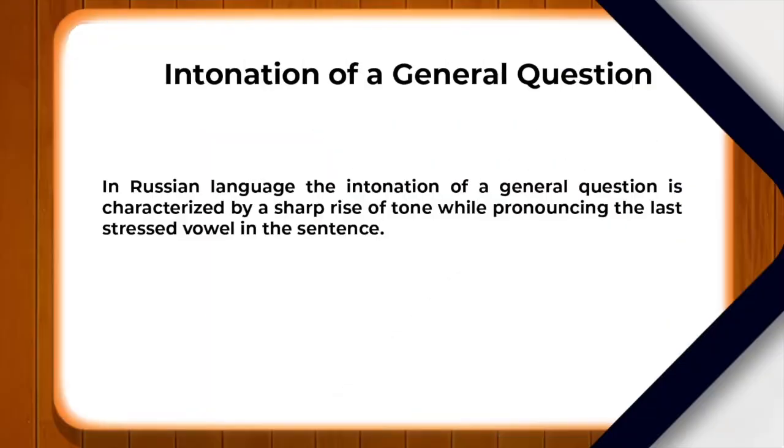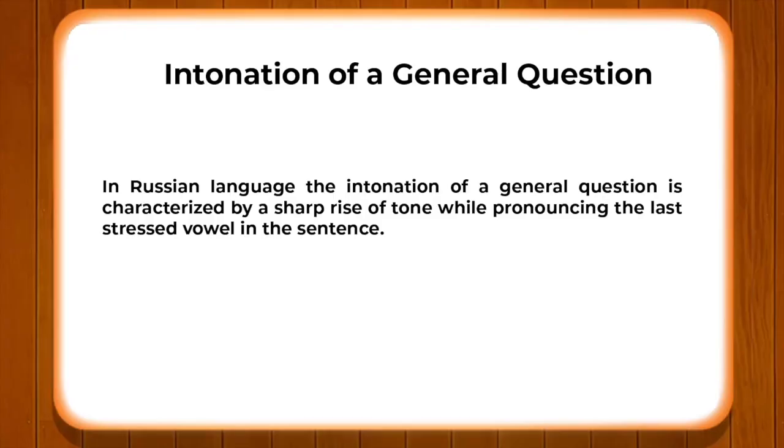In the Russian language, the intonation of a general question is characterized by a sharp rise of tone while pronouncing the last stressed vowel in the sentence. And how do we understand that? Let us look at this example first. Eta dom? Da, eta dom.